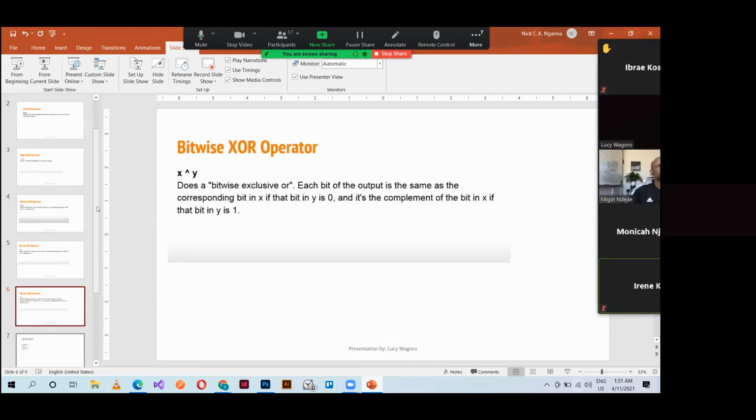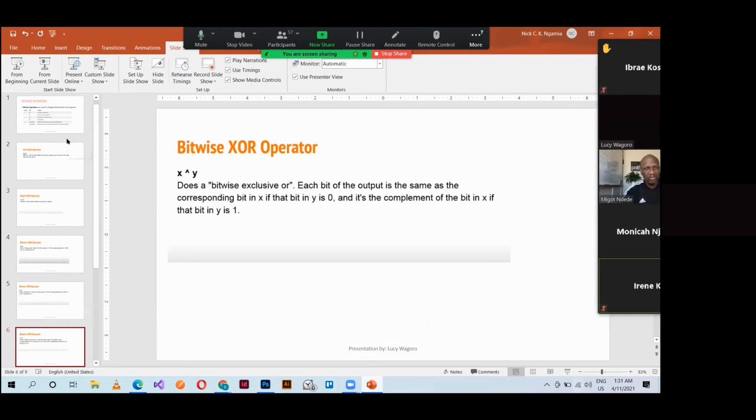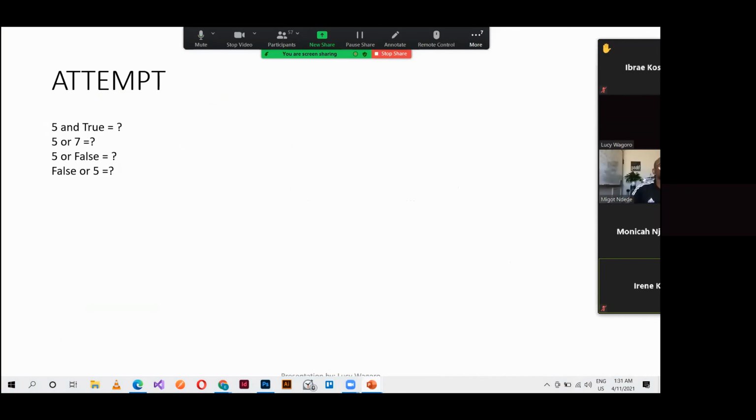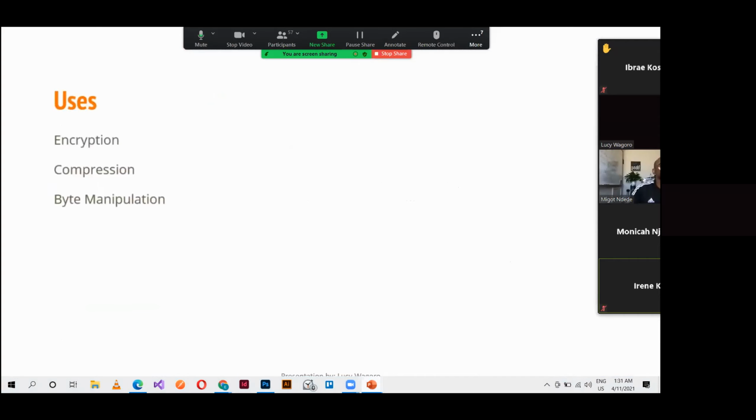So basically, we've talked about left shift, right shift, and operator. We have talked about or, we have talked about exclusive or, and where do we apply these? We apply this when we are using encryptions. We also apply them when we are doing compression. We also apply them when we are using byte manipulation.